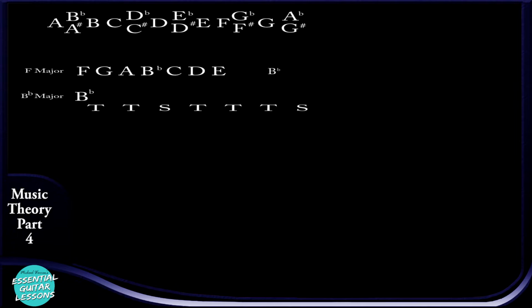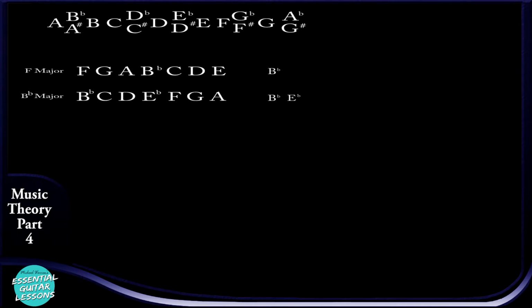So we have B flat, we have a tone from B flat, takes us to C. The tone from C takes us to D. Then we want a semitone from D. So we have to use E flat, we can't use the D sharp there. Then from E flat, I want another tone, takes us to F, tone from F takes us to G, tone from G takes us to A, and then a semitone from A takes us back to B flat. So our B flat major scale has a B flat and an E flat in it.